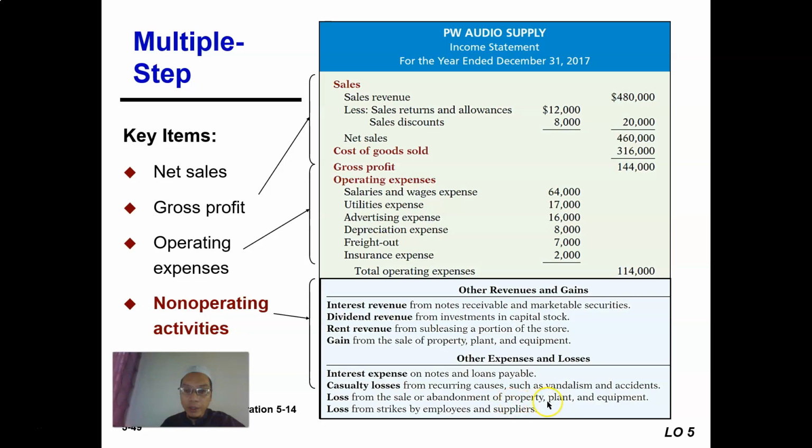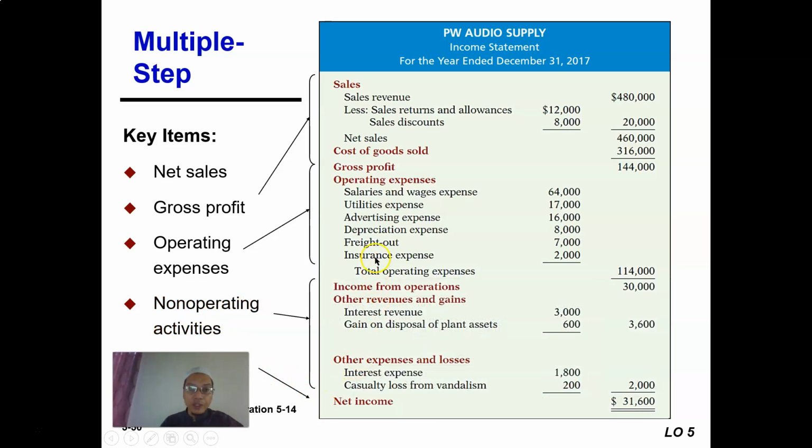Loss from sale or abandonment of property is just the opposite of gain from sale of property. Sometimes when they sell off their property, they make a loss, and sometimes they make a gain. Then there is loss from strikes by employees. If employees and suppliers go on strike, that is beyond their control and beyond their normal operating activities, so that is part of other expenses and losses.